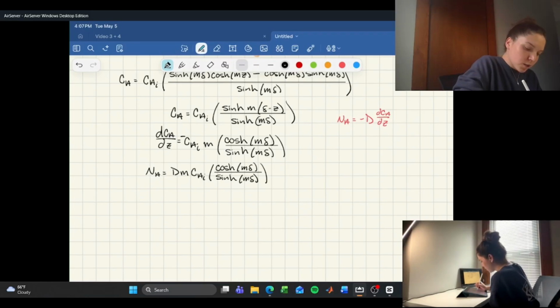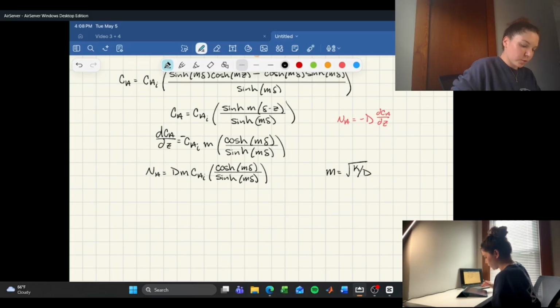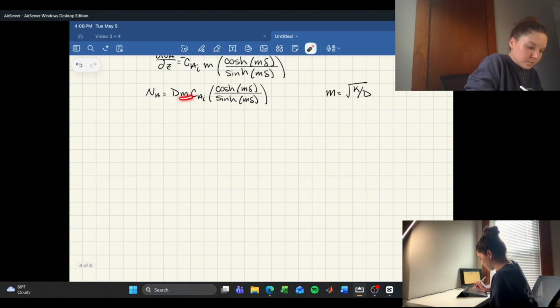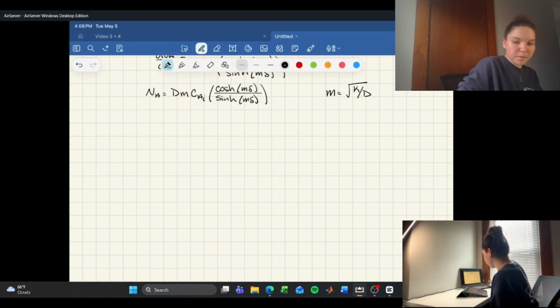And then if we remember that m is equal to the square root of the reaction rate over the diffusion coefficient, we can plug that back in to these m's here and simplify.